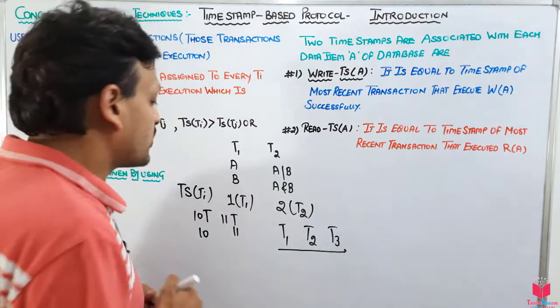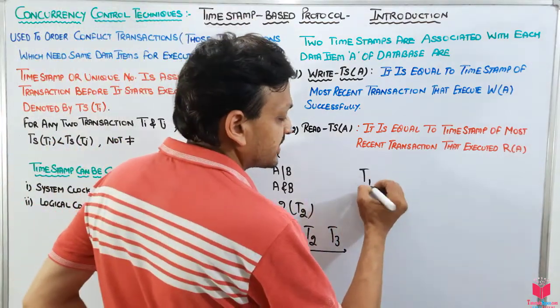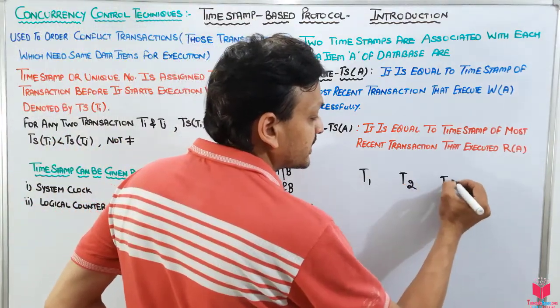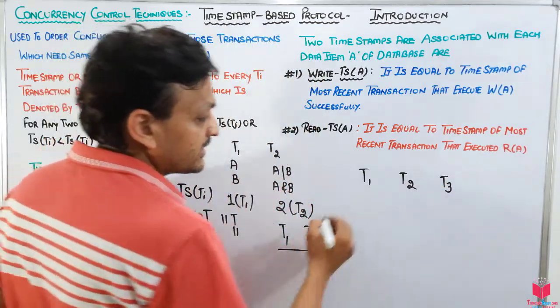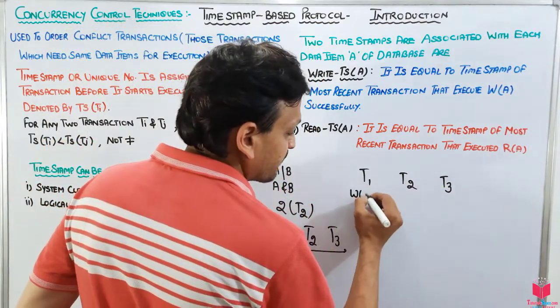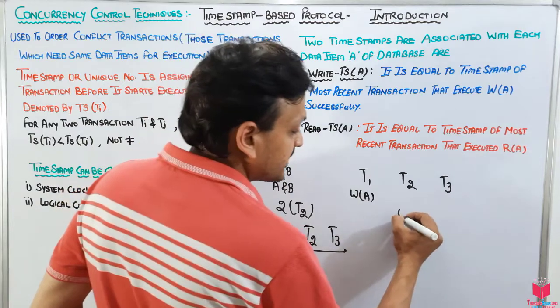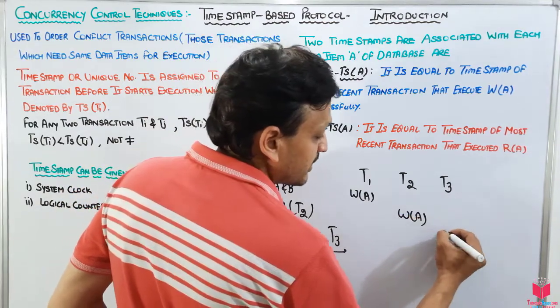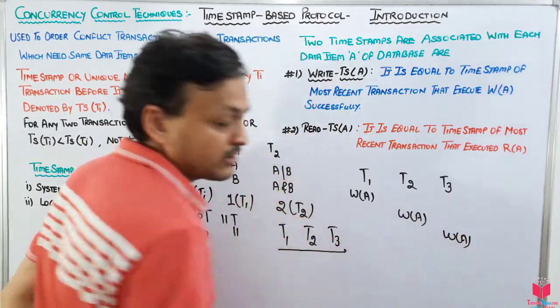Suppose we have three transactions T1, T2, T3, performing write operations on A, one after another.